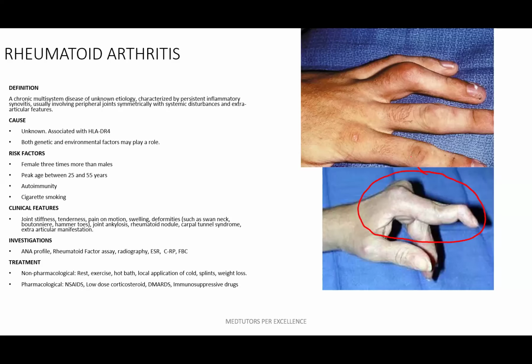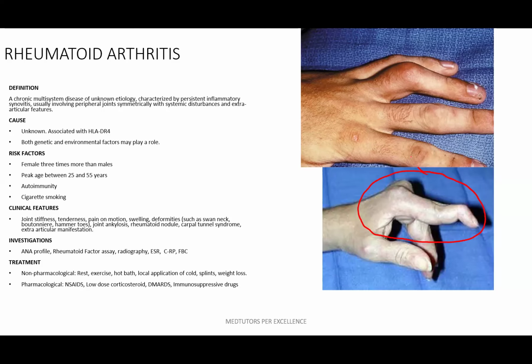Now, how do you investigate them? The investigations you do are anti-nuclear antibody profile, rheumatoid factor assay, then you do X-ray. The X-ray shows the joint deformities.